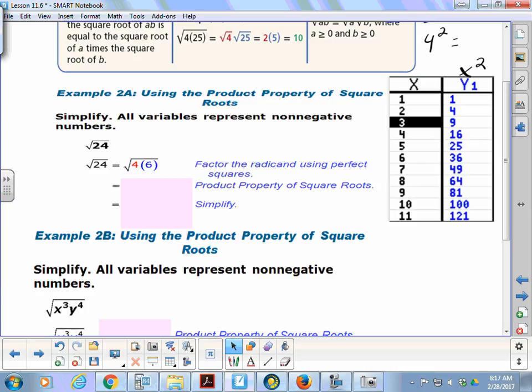So the square root of 4 times 6 then. Then I can use the product property, and I can pull them apart and say, okay, that's the square root of 4 times the square root of 6.